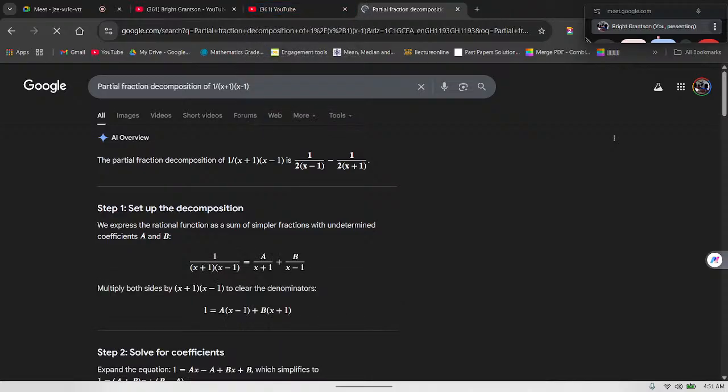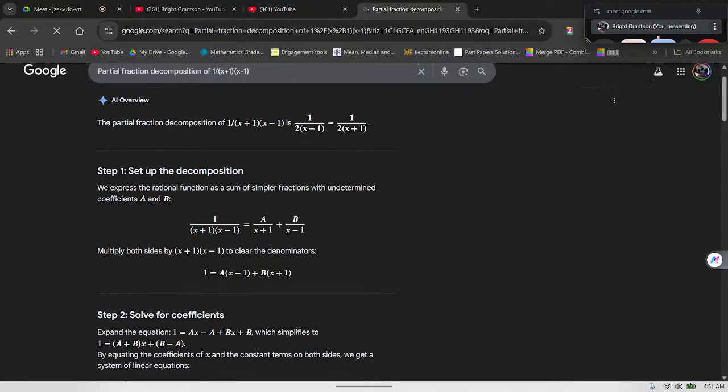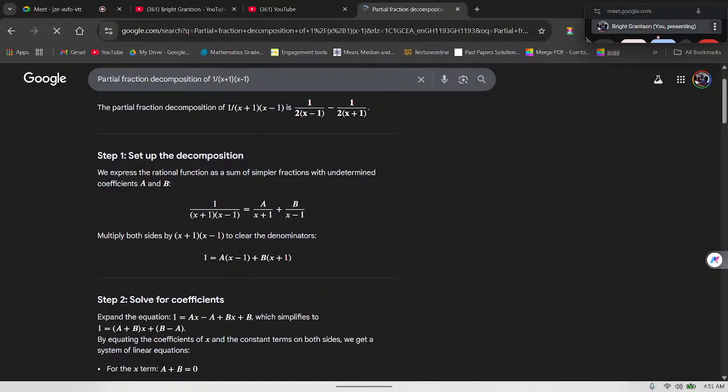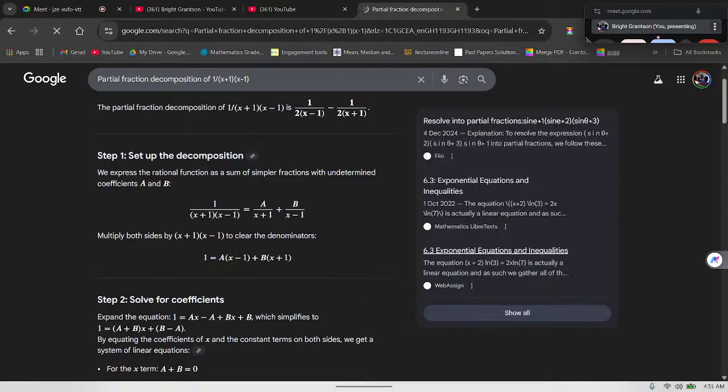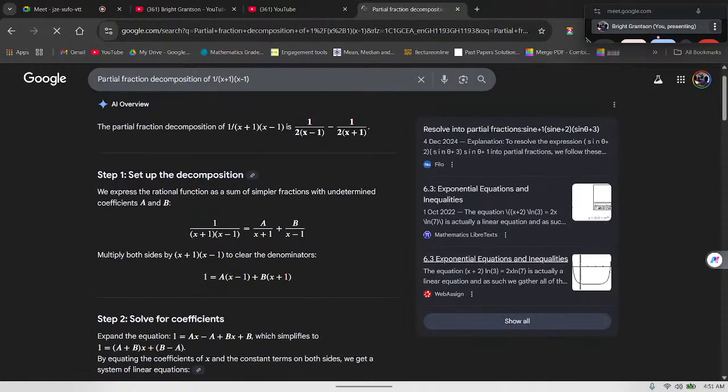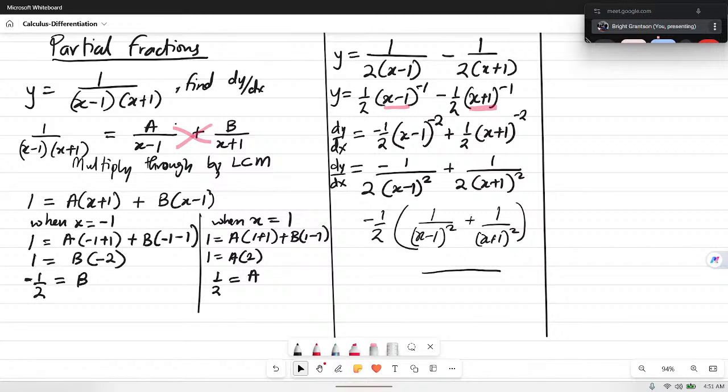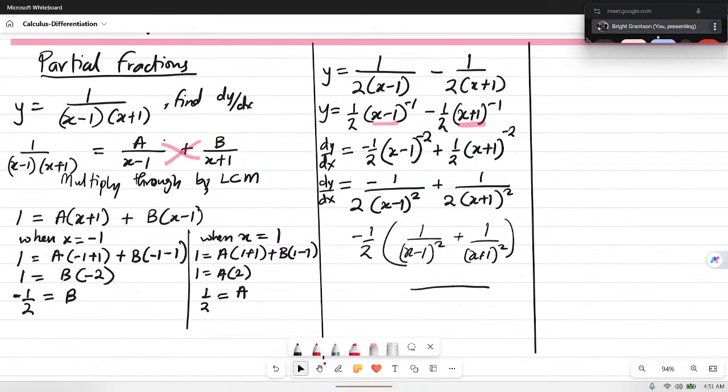The decomposition of 1 over x plus 1, x minus 1 is actually 1 over 2 times x minus 1, minus 1 over 2 times x plus 1, and our partial fraction decomposition is correct.